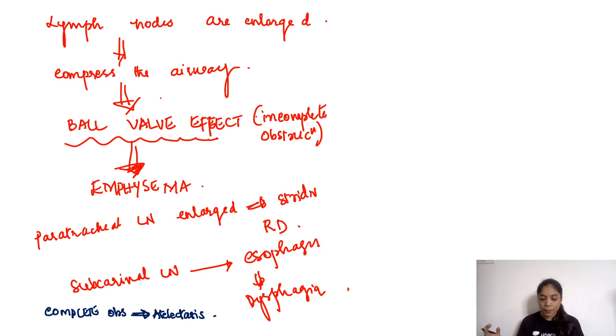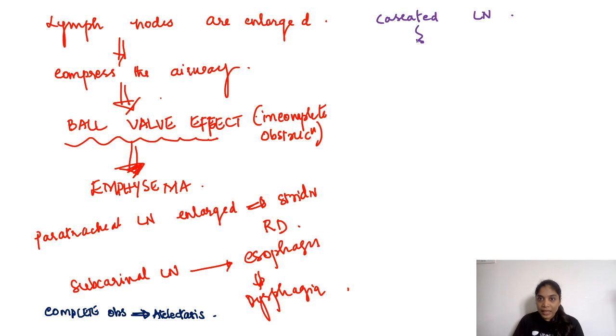Sometimes there is disappearance of the segmental lesions, but sometimes it can lead to scarring and progressive compression of the lobe or segment, leading to bronchiectasis. Now what happens if there is a caseated lymph node?